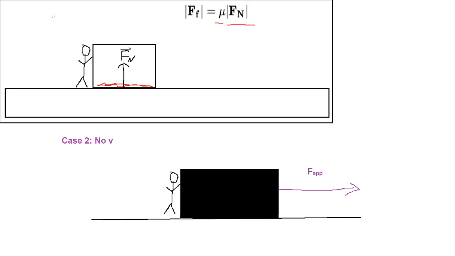If you have no velocity, your frictional force, number one, will always be opposite the direction of the net force, or the applied force in this case. Right, so if you're pushing this thing to the right, the frictional force will be to the left. So this applied force, we're probably better off saying the net force.